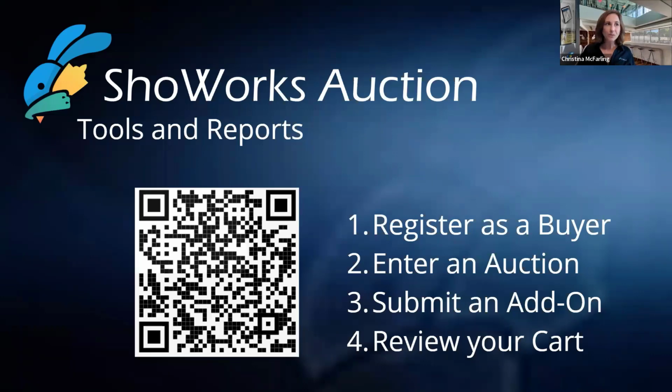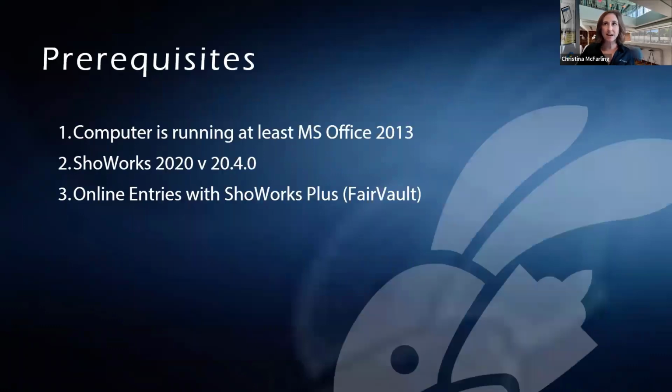I'm going to talk next about prerequisites. The prerequisites for ShoWorks Auction are the same as it would be to run ShoWorks 2020. You would need a computer that is running at least Microsoft Office 2013. If you're not running at least 2013, look into getting that upgraded prior to your show.